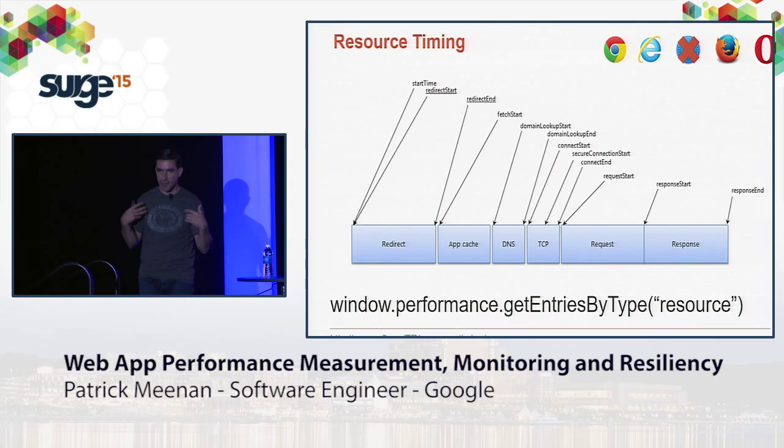If it's a friendly iframe and you can access it, you can also reach into the iframe and get its performance timing data, which you might be able to do for ads, which usually load in a friendly iframe form. Although, like the Facebook like button and the Google +1 button, some of those load iframes for authentication information and don't allow you to reach in and get their timing information. But if you're doing the audit of what did my page load, what didn't it load, just know that you're restricted to seeing stuff that's not within iframes, for example.